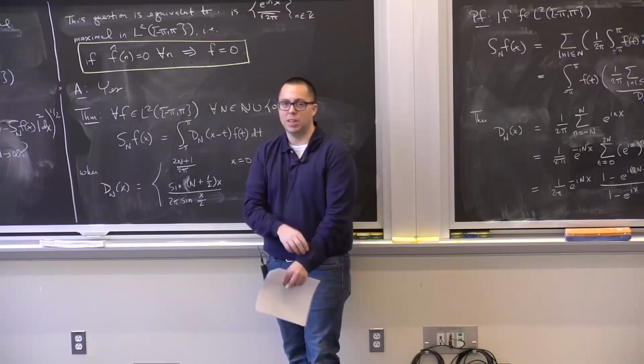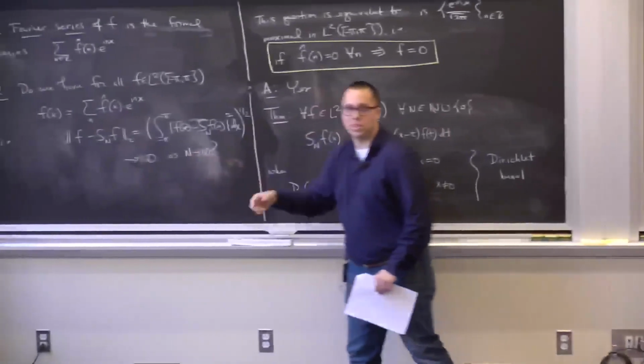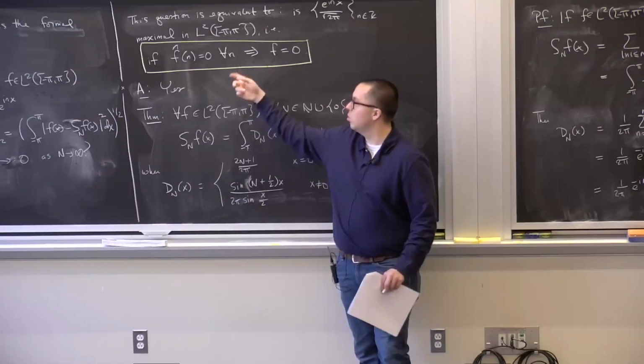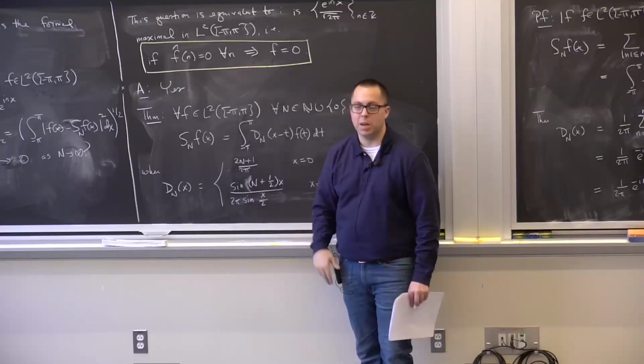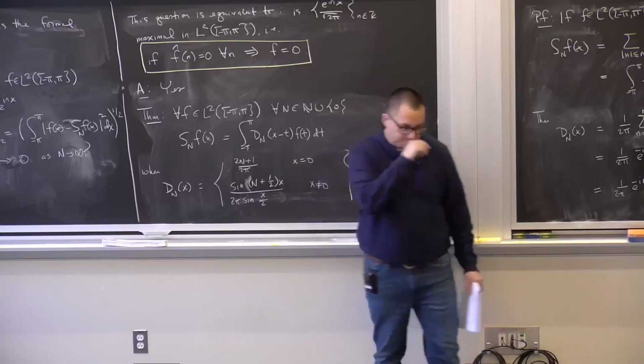But that's kind of ridiculous, because that's actually what we're trying to prove. That's equivalent to what's in the yellow box. We're not making our life any easier by doing that.